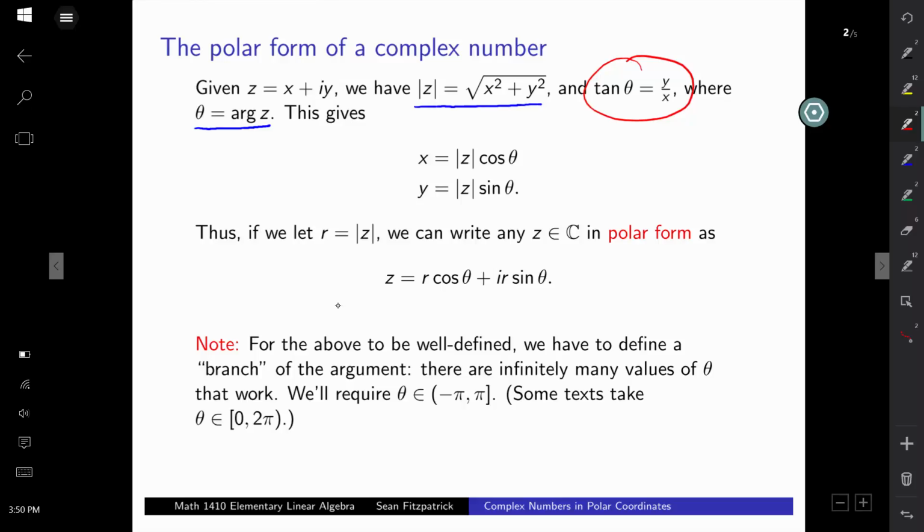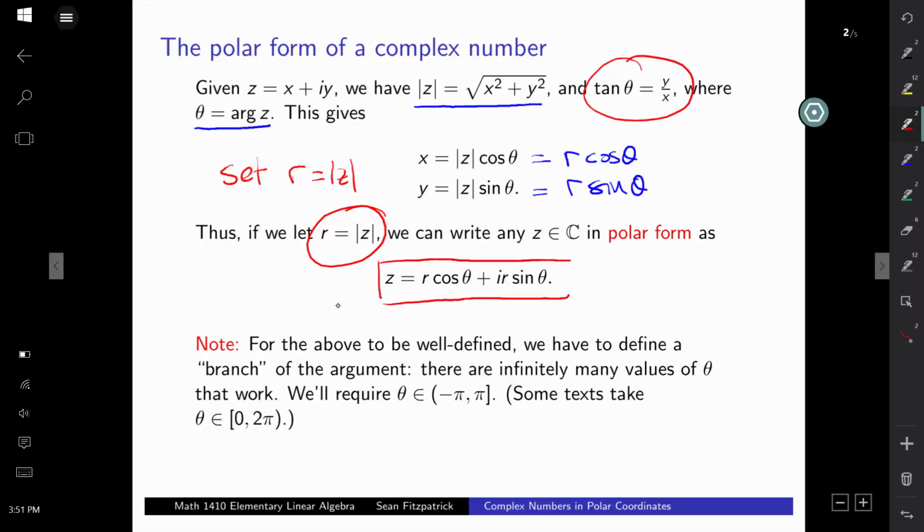So usually we will set r equal to the modulus of z, as you see down here, and that means that you can write this as r cos theta, you can write this as r sine theta, and that means overall your complex number can be written in this form here, right?